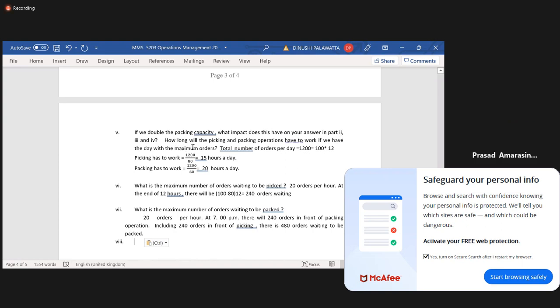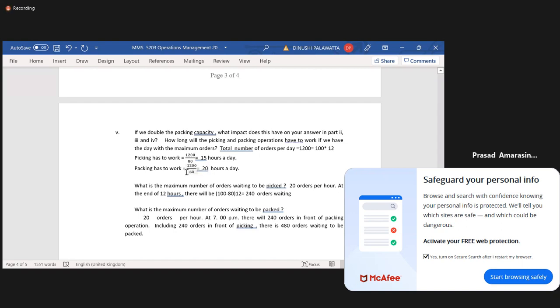Yes, question, sir. In question number 5, we get picking hours as 15 and the packing hours as 20. But why do we take 12 here?